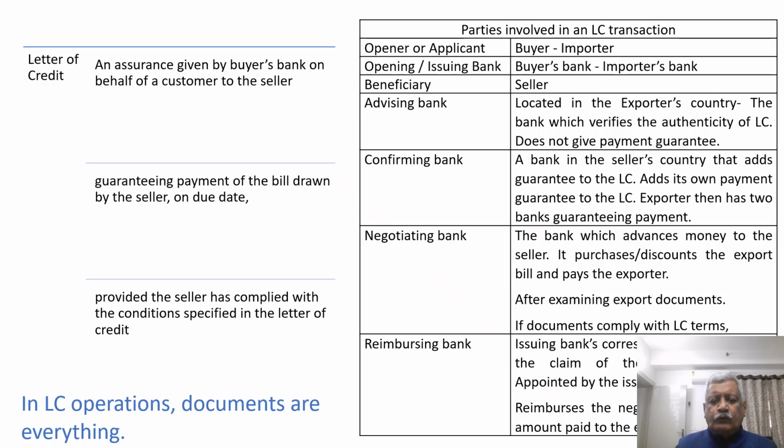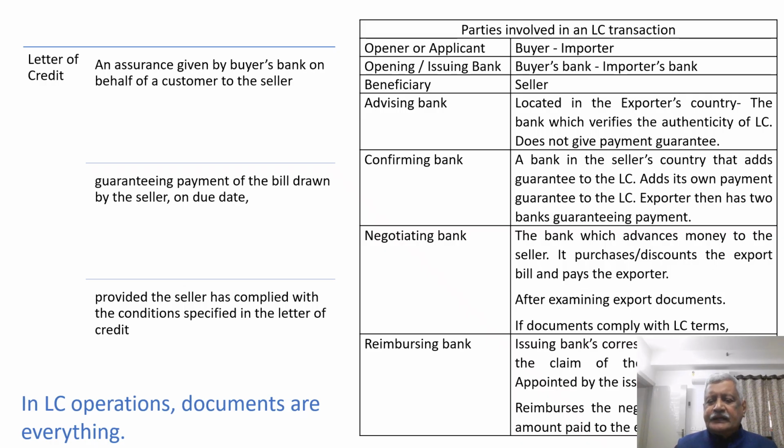The first one is the opener or applicant, that is the buyer, the importer. The opening bank, also called the issuing bank, is the buyer's bank, that is the importer's bank. The beneficiary is the seller or the exporter.